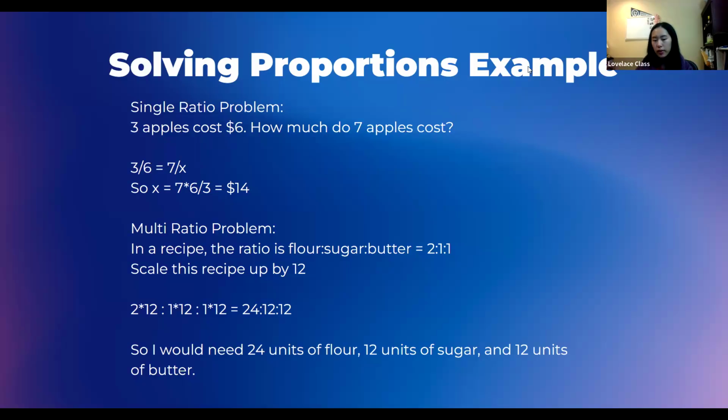So I would need 24 units, or we can use cups in this case, 24 units of flour, 12 units of sugar, and 12 units of butter. So that's how you do it if we have 3 or more different numbers. And you can always solve that way as well.